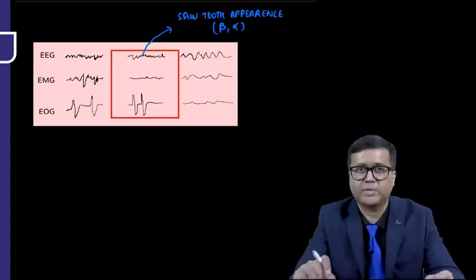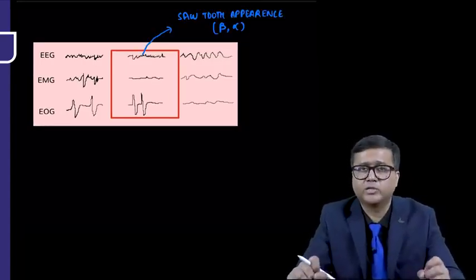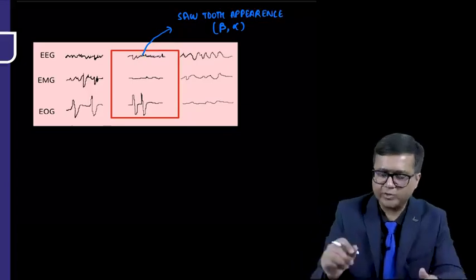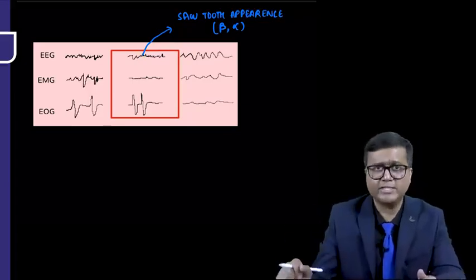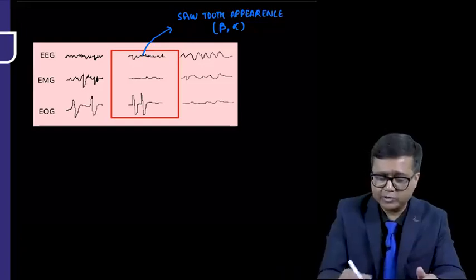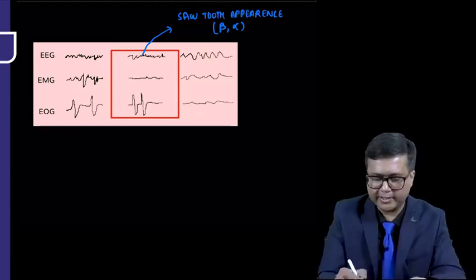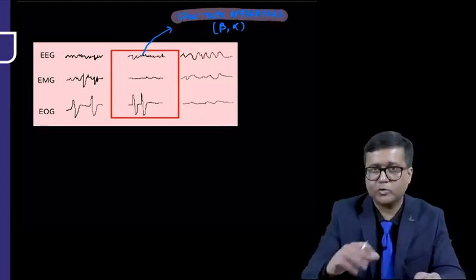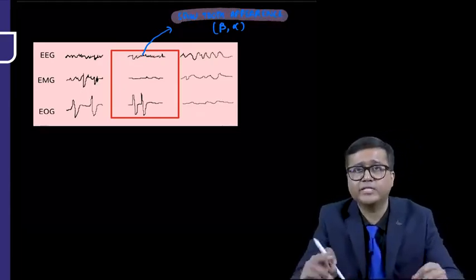If you see this highlighted image, in the EEG finding you will see fast activities with a sawtooth appearance, and beta and alpha like activities are seen.